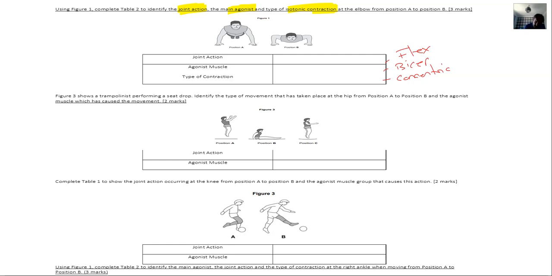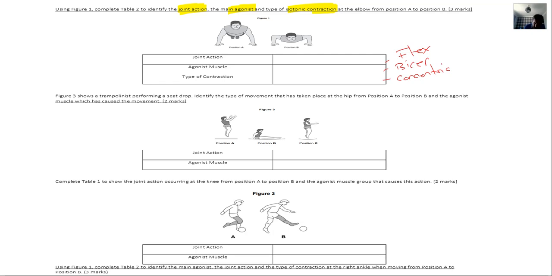Second question. Trampolinist during a seat drop. Identify the type of movement that takes place at the hip from position A to position B, and then the agonist. What we've got to be careful of here, chaps, is it's giving you three pictures.